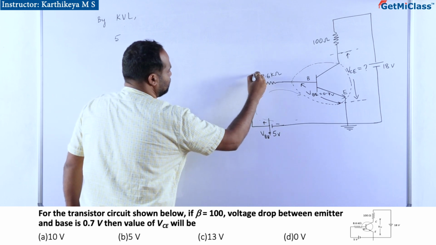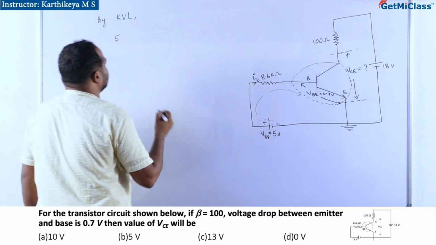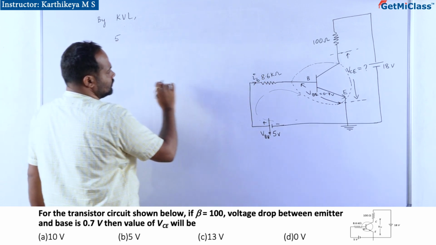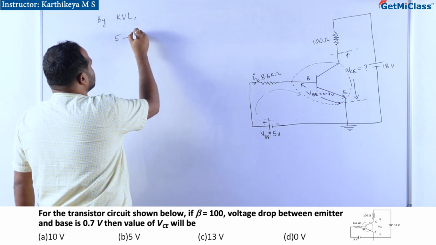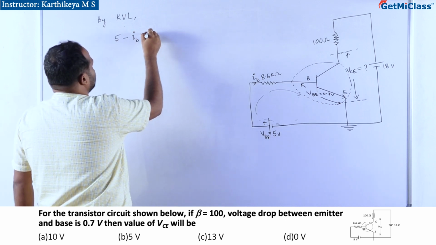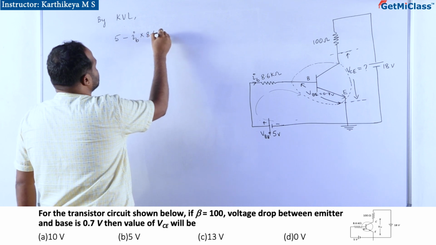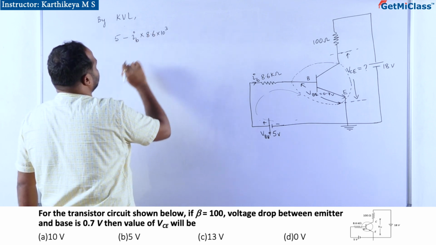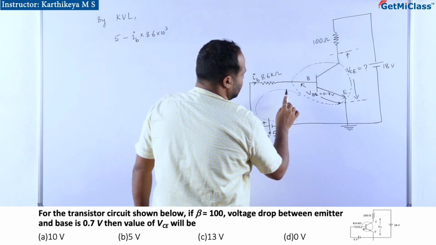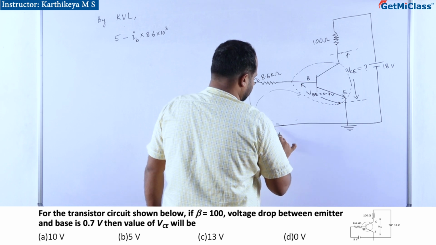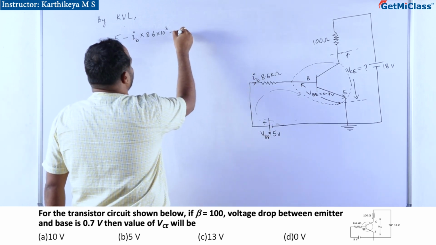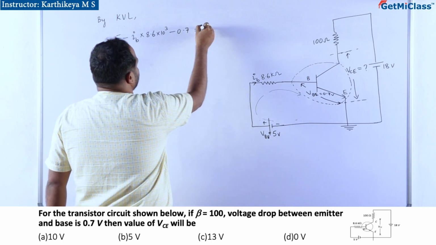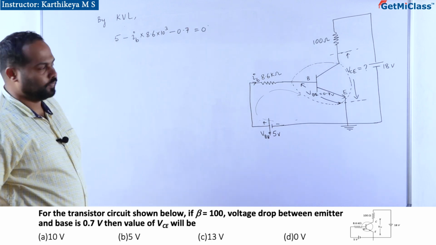Then the base current IB is set up here. In the direction of the current you are moving, so minus IB into 8.6 into 10 to the power 3. Then you are moving from higher to lower potential, hence drop in potential, equal to 0.